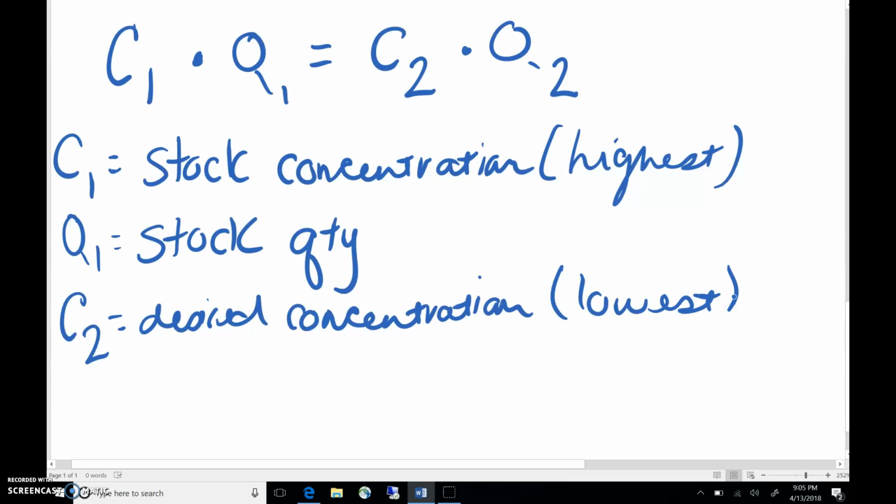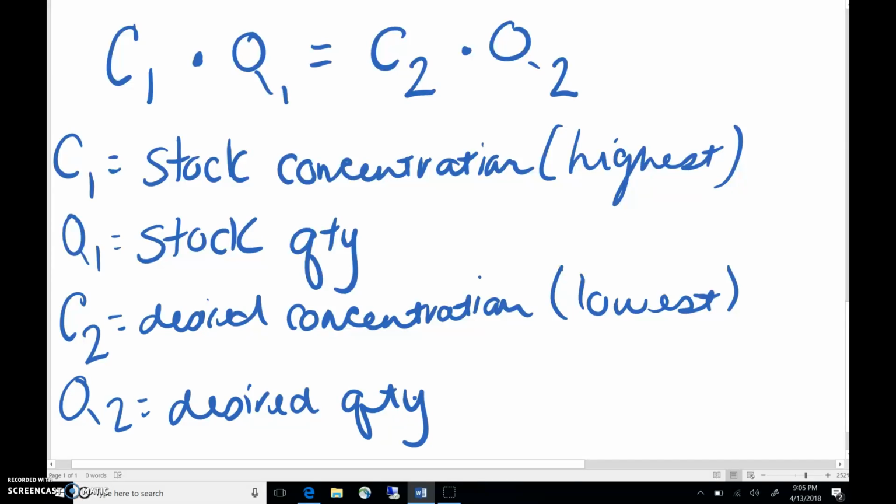Because again, what is the definition of dilution? You're taking a high concentration and you're lowering the concentration to the desired of the prescription. And your Q2 is your what? Your desired quantity.